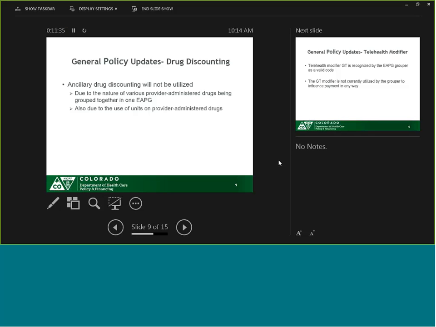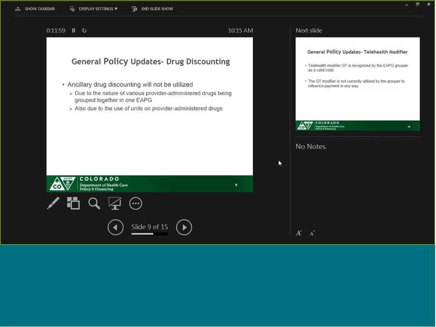Even though it'll be paid the same amount regardless of units, because the grouper doesn't recognize units, over the course of an entire year the EAPG weight would pay higher in some cases and lower in others, so it would balance out. But if we were to do discounting, that would throw a wrench in that and make things too complicated. So that's the reasoning behind that update.